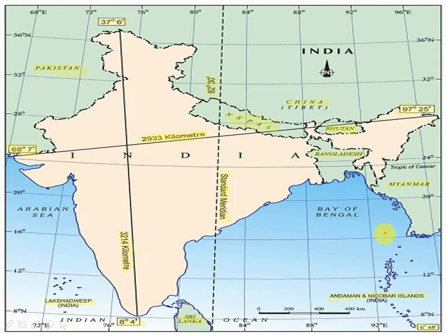By the way, I have bifurcated this chapter into two parts. You have two prominent maps in this chapter. One is the outline map and another one is the political map. So first we will discuss the outline map, then we will be discussing the political map of India.